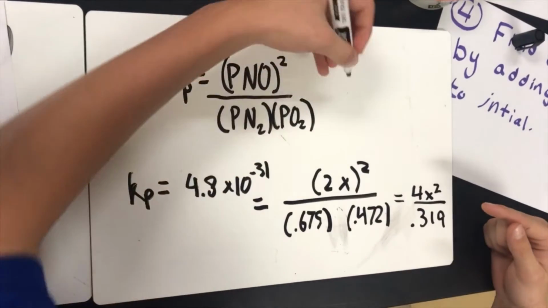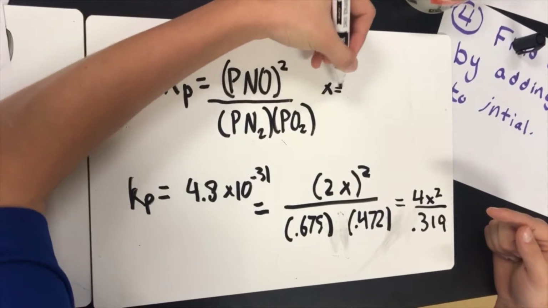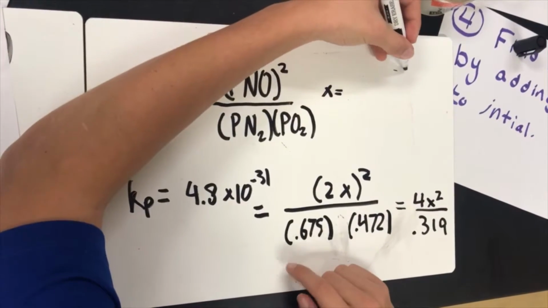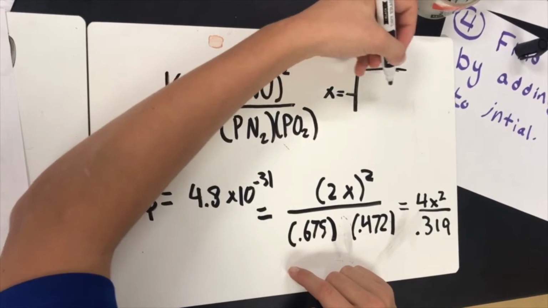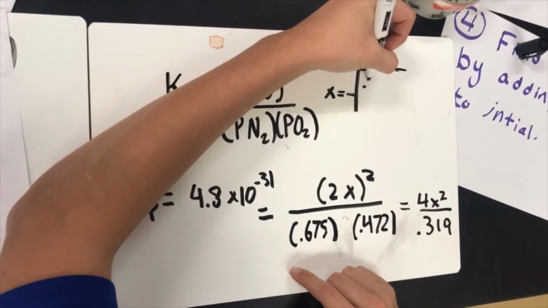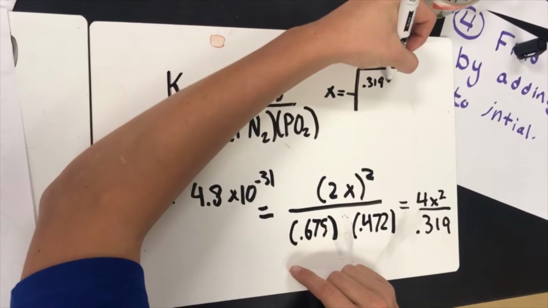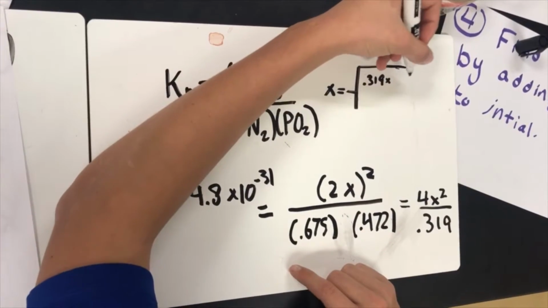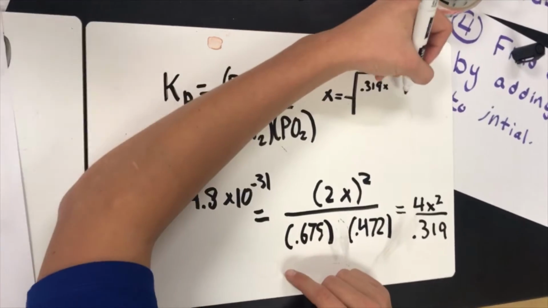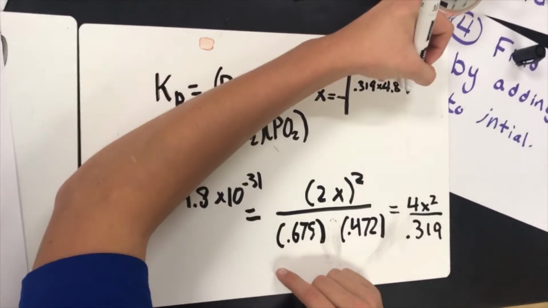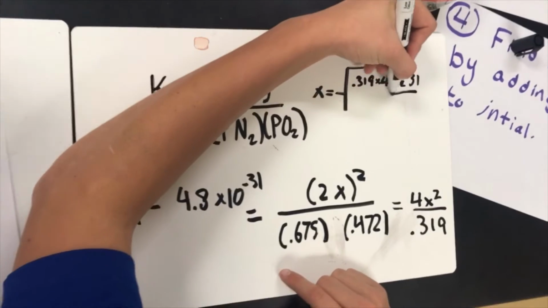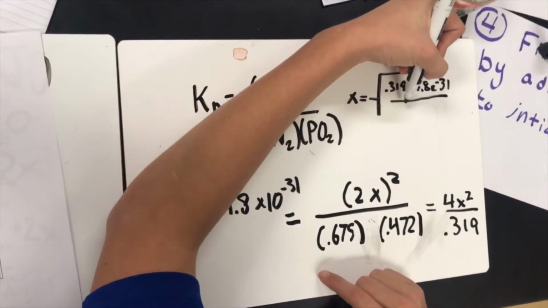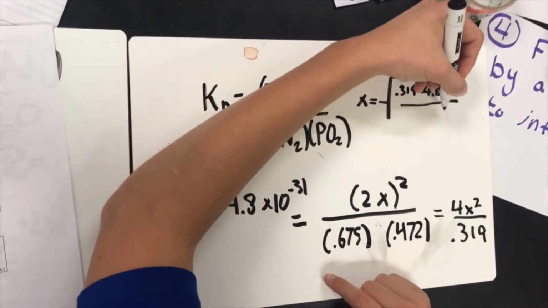I know that x is equal to the square root of 0.319 times 4.8 e to the negative 31 over 4.